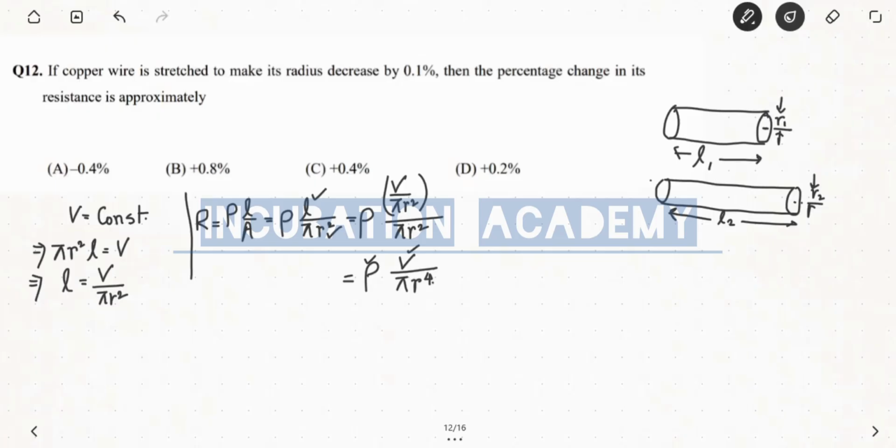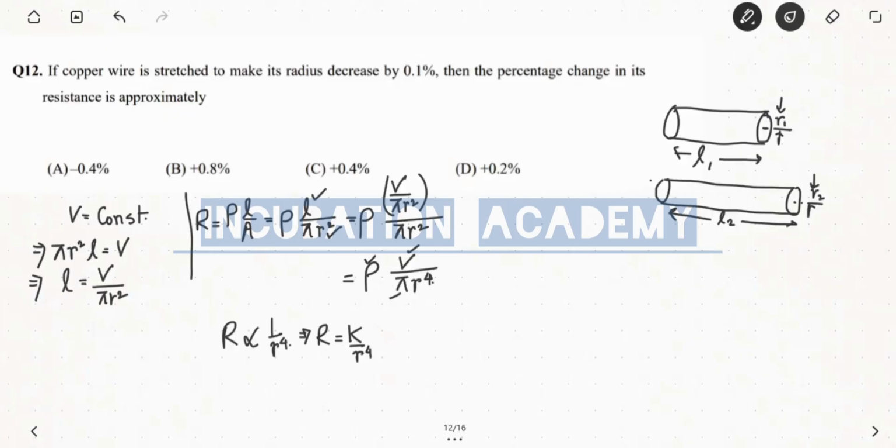Pi is also a constant. So we can say capital R is proportional to 1 by r to the power 4, so R equals a constant of proportionality divided by r to the power 4.